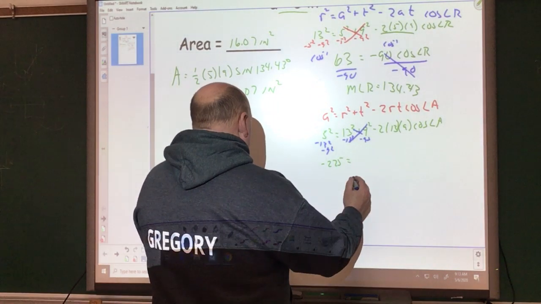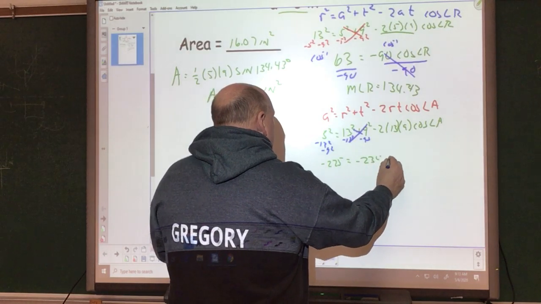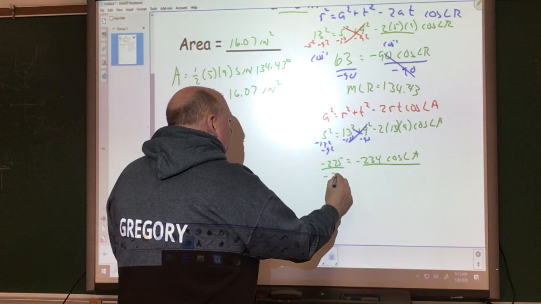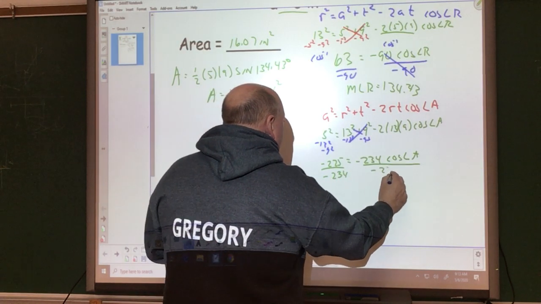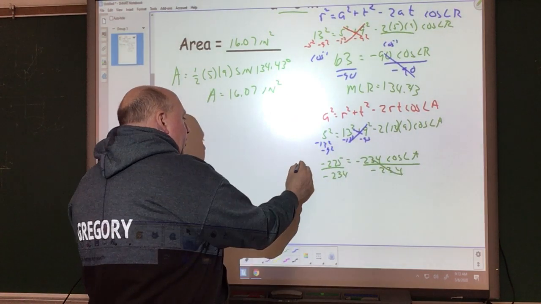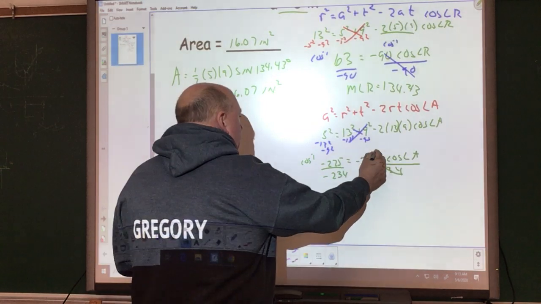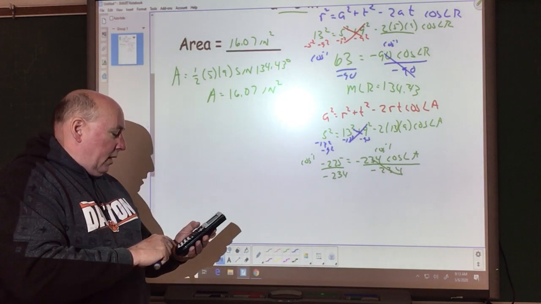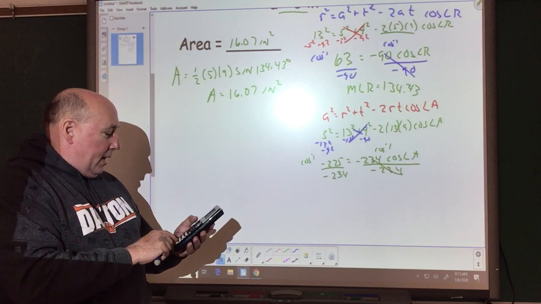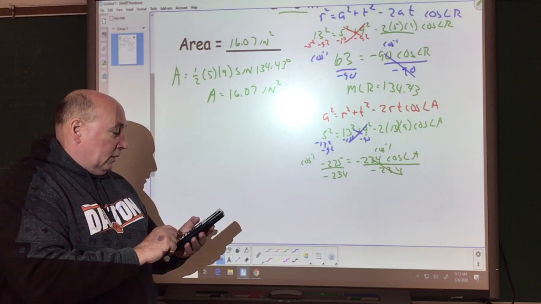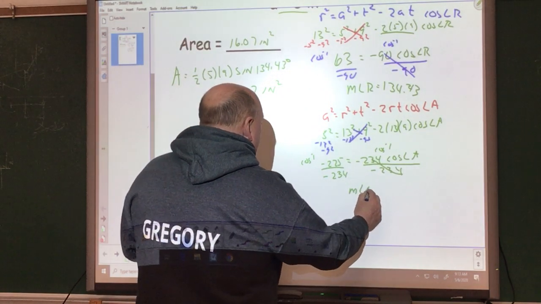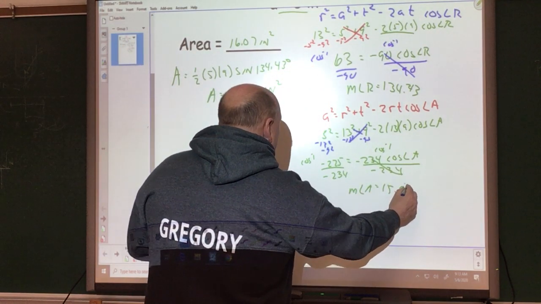Negative 234 cosine of angle A. And once again, dividing by the negative 234 and taking the inverse cosine of both sides, we have the inverse cosine of 225 divided by 234, and we get 15.94 degrees.